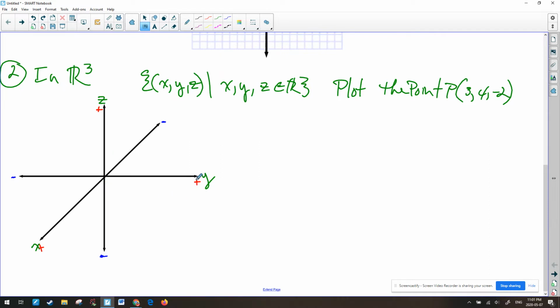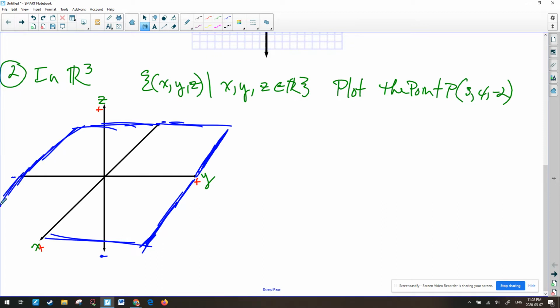If we were to make a parallelepiped or a parallelogram to start with, this is the plane that would be flat on our desk. So the x and the y axis make a flat plane, and then the z-axis goes up and down through that.